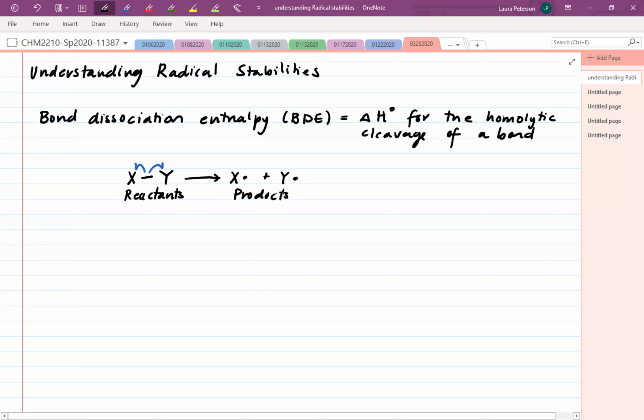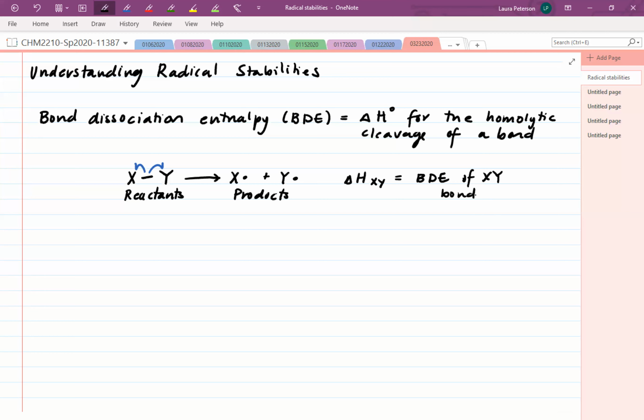So in this case, the delta H for the XY bond equals the bond dissociation enthalpy of the XY bond. The various energies of reactants and products are dependent on the stabilities of those two species.